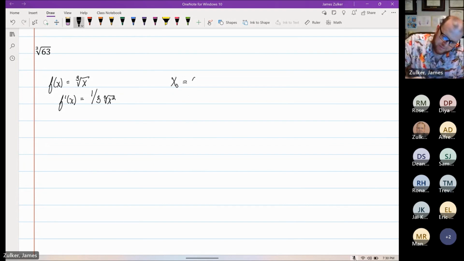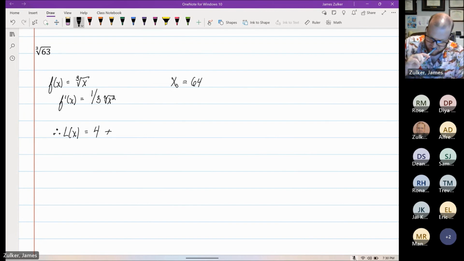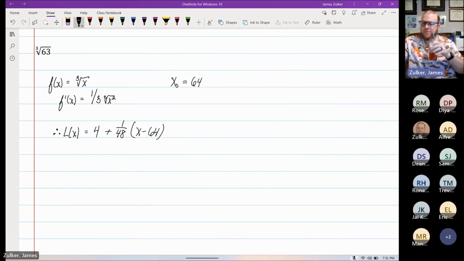64. We get L of x, cube root of 64 is 4, plus 1 over 48, times x minus 64.